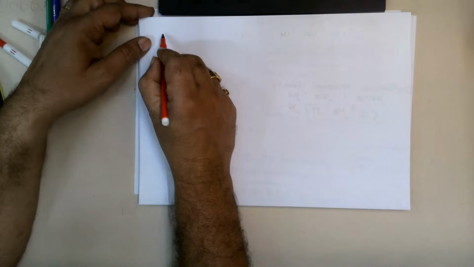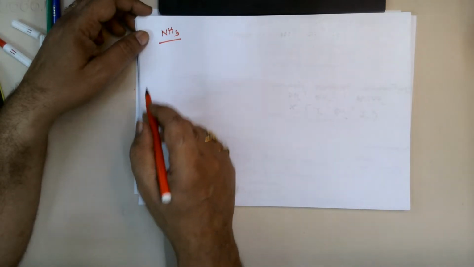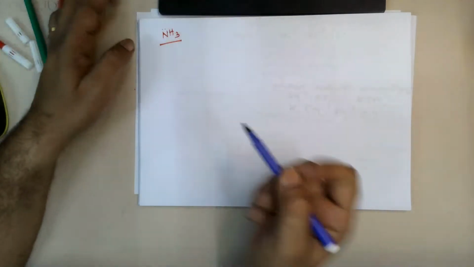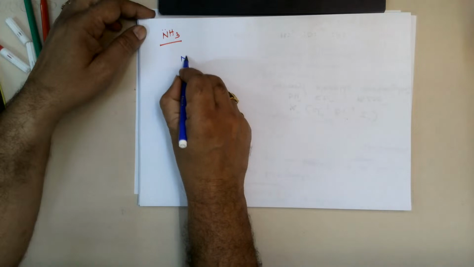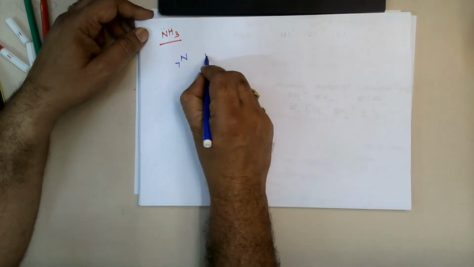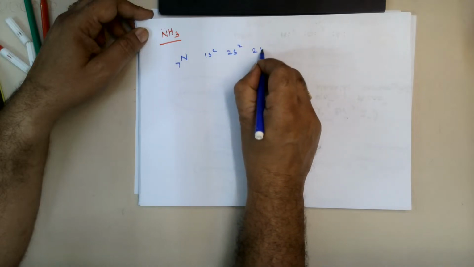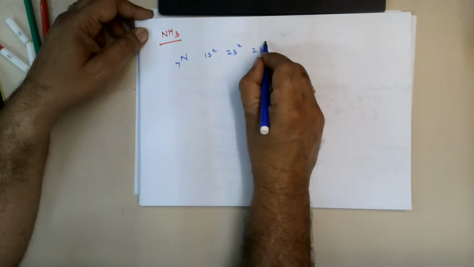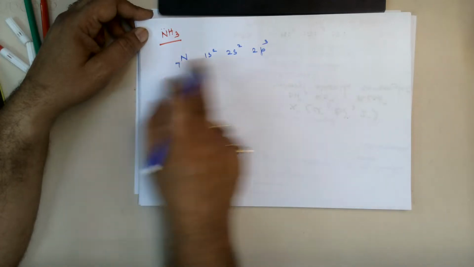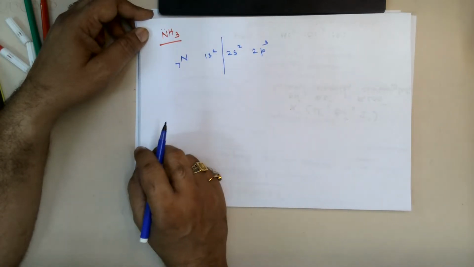Let me talk about ammonia first. This ammonia has a lone pair of electrons like this. So let us draw the electronic configuration of nitrogen first. What is the atomic number of nitrogen? It is 7. So you can write 1s2, 2s2, 2p3. So totally 7, and the outermost shell has 5 electrons.